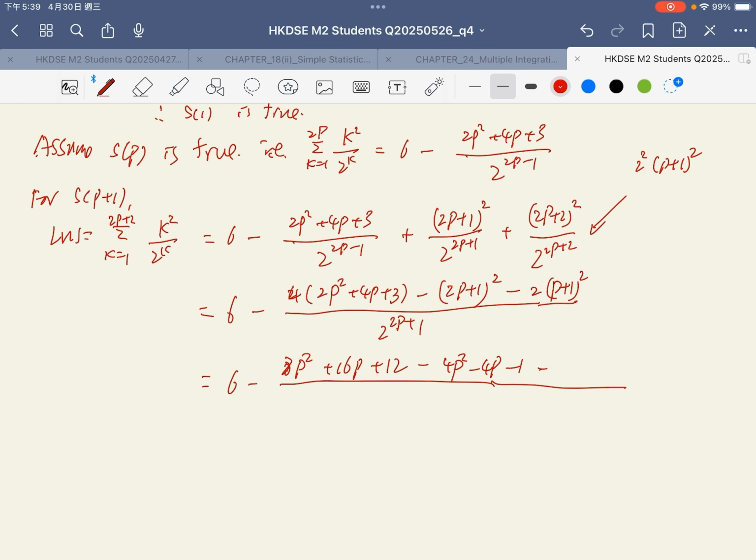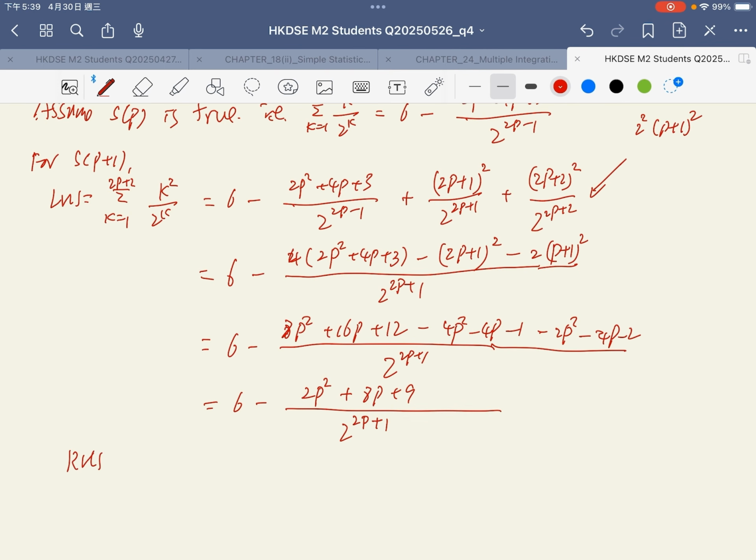The third is 2p squared minus 4p minus 2. Finally, I cancel all the terms and simplify. The answer is 6 minus (2p squared plus 8p plus 9) over 2 to the power 2p plus 1.